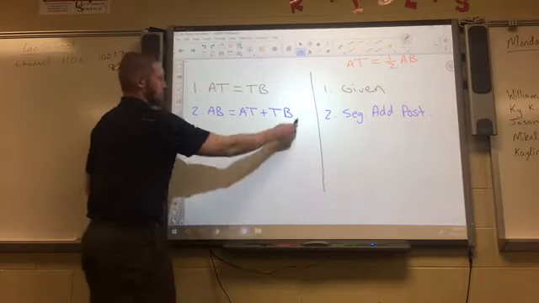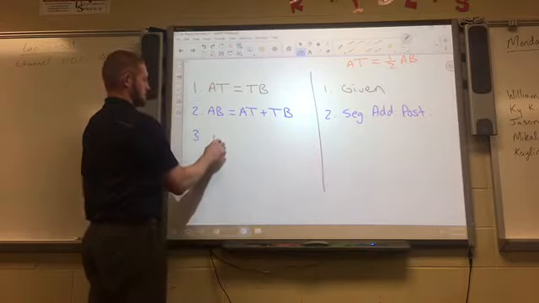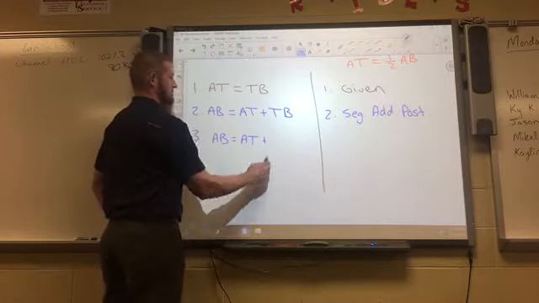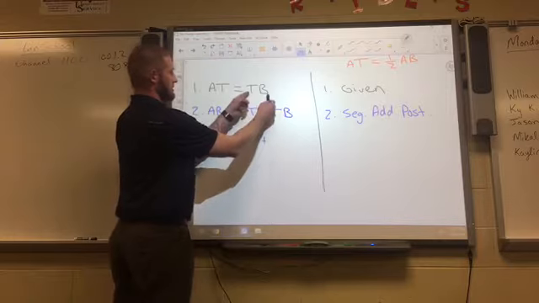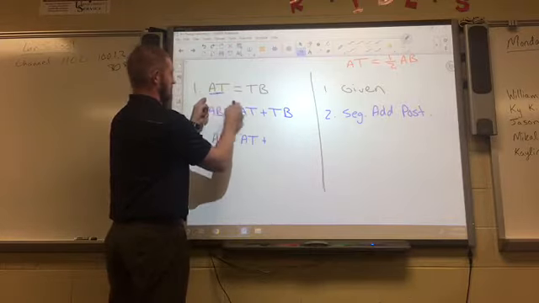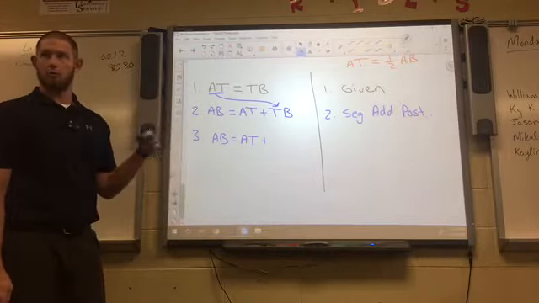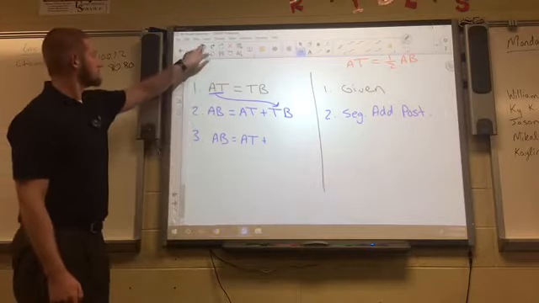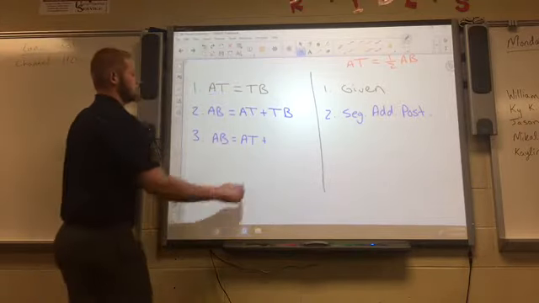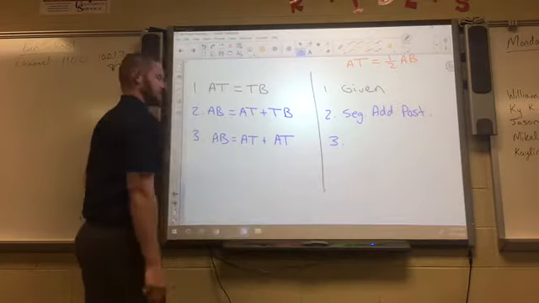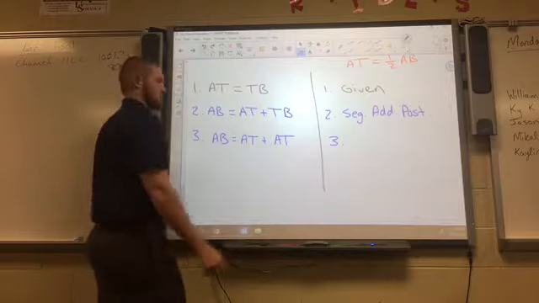I want to change this into AB equals AT plus, but instead of TB, I'm going to plug in AT because they're equal to each other. So I can plug in one for the other if I wanted, right? So what would I say I did? Substitution.